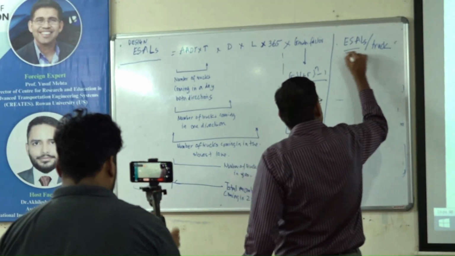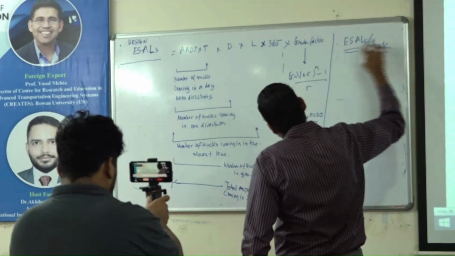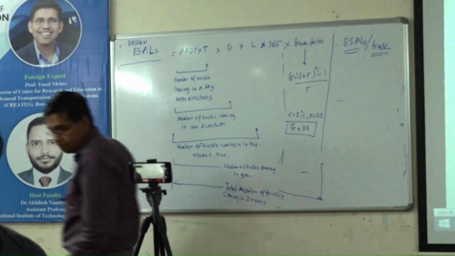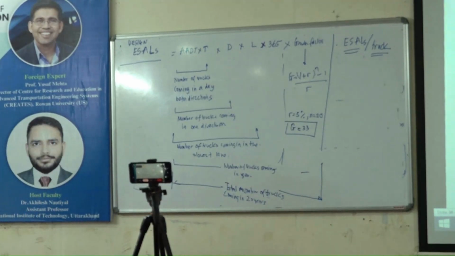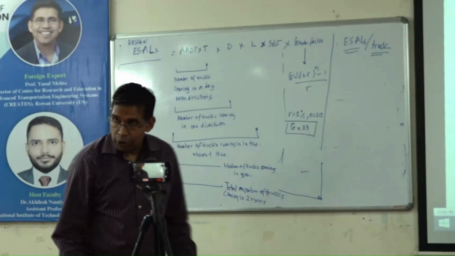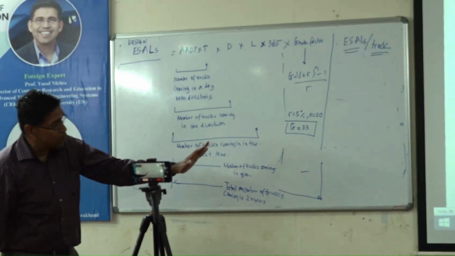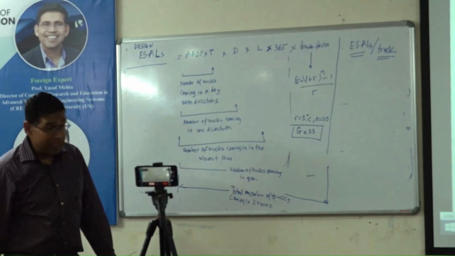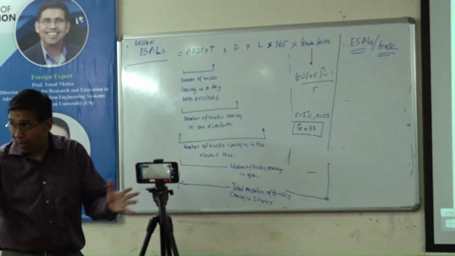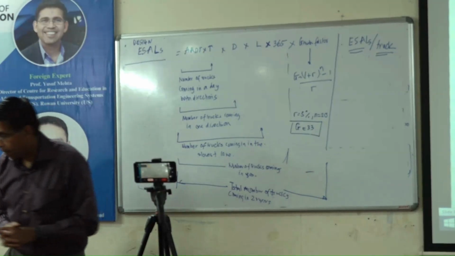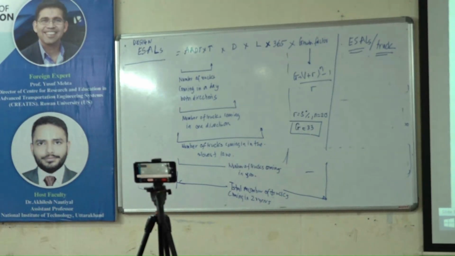That means how many ESALs are in each truck? That's the final number to convert it to design ESALs. Got it? So 90% of the calculation is about trucks, and then finally you have to convert it to ESALs that I explained to you. Remember how we collapse everything using EALF? Can I move on? Rest of the numbers.